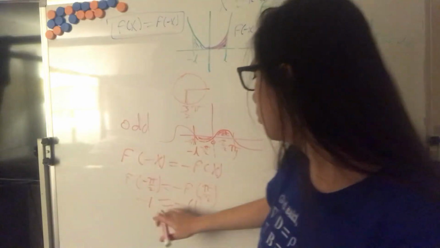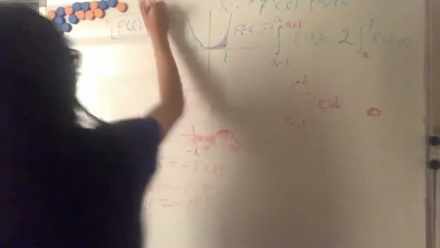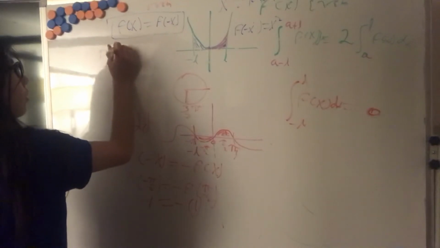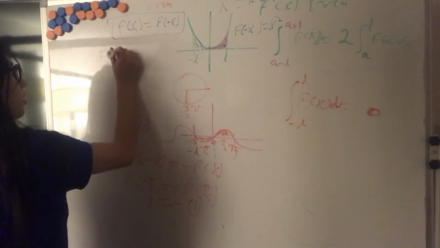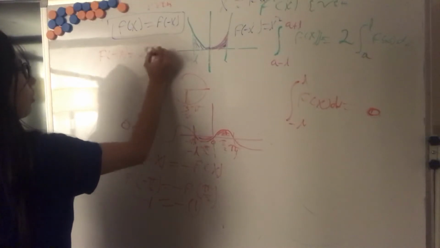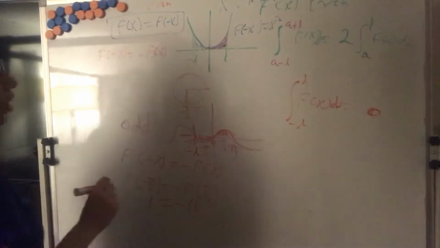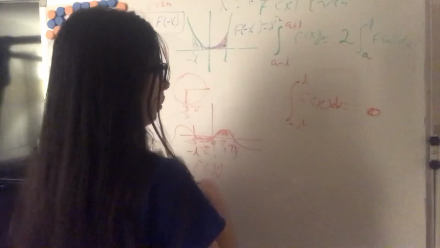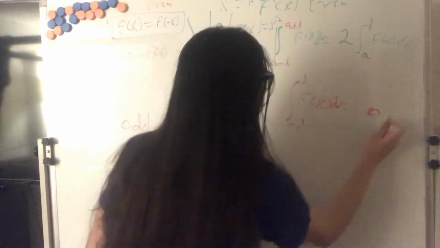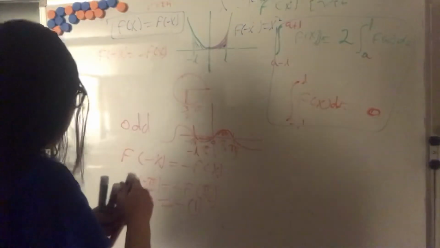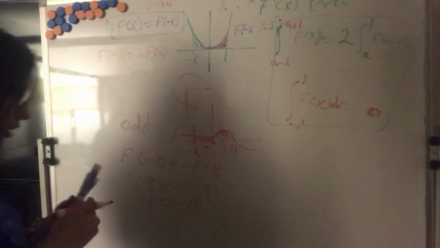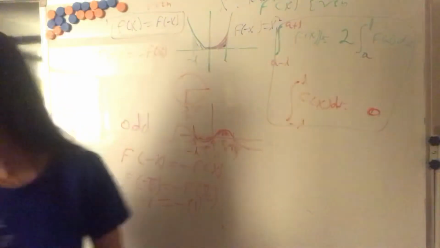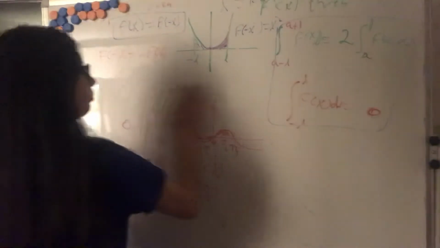So this is for even functions, and for odd functions we have f of minus x equals minus f of x, and we have this also on the integral part. Now let's see the multiplication of even functions with odd functions under this.